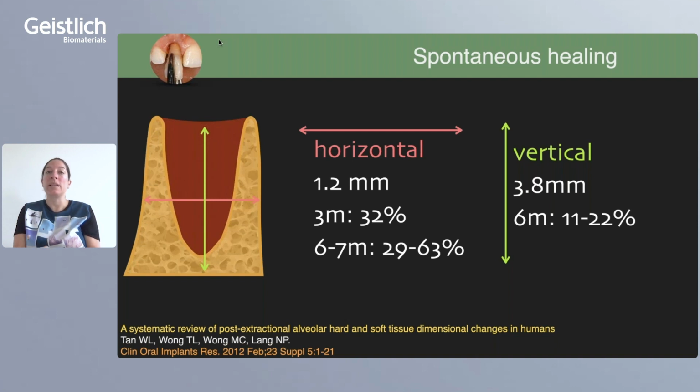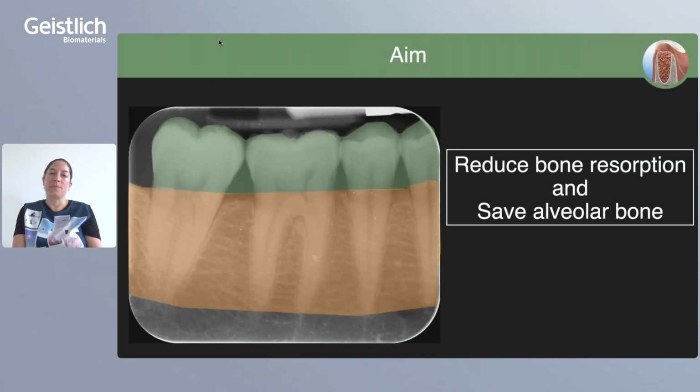So this is quite a lot. This is what you have to expect when you await spontaneous healing. So the primary aim that we have is we want to reduce bone resorption and we want to save the alveolar bone. So this is the primary aim.